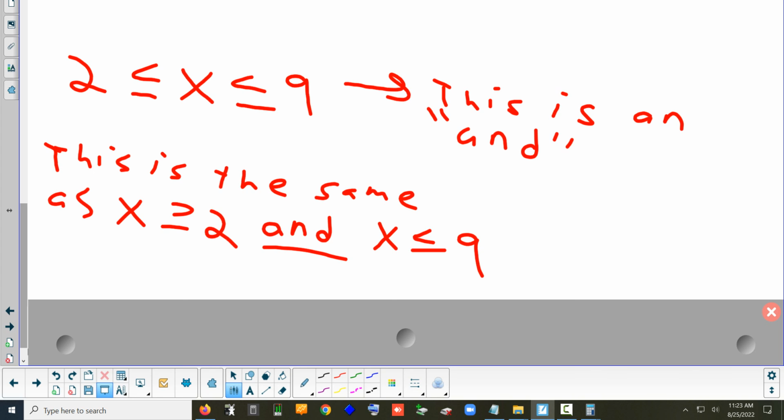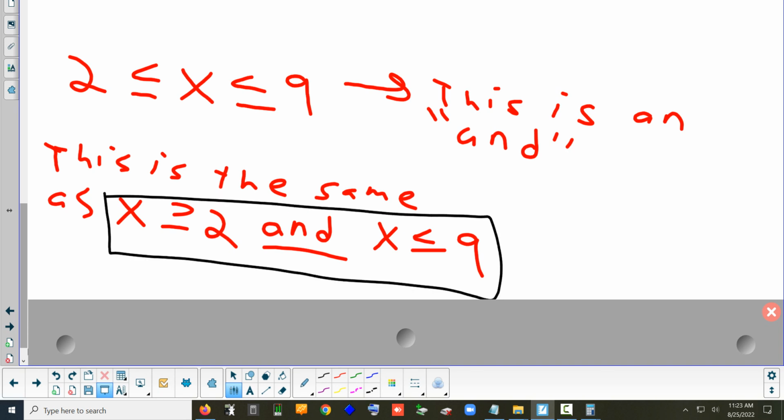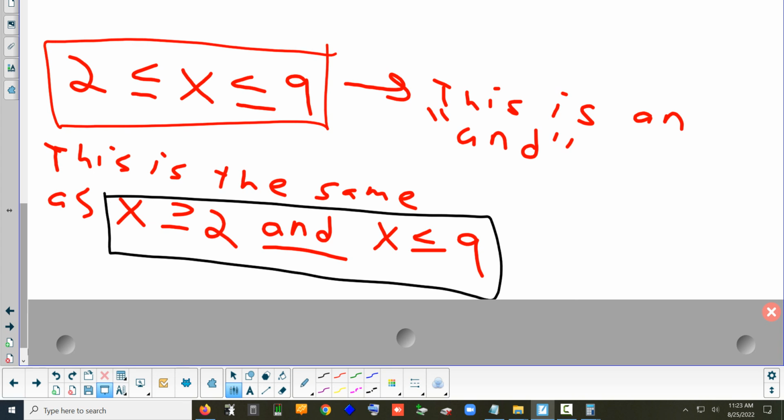So another type of inequality, this is a conjunction, and a conjunction has the word and. A conjunction is an inequality that you can actually shorten instead of writing that. What's in that black box is exactly the same as what's in that red box.